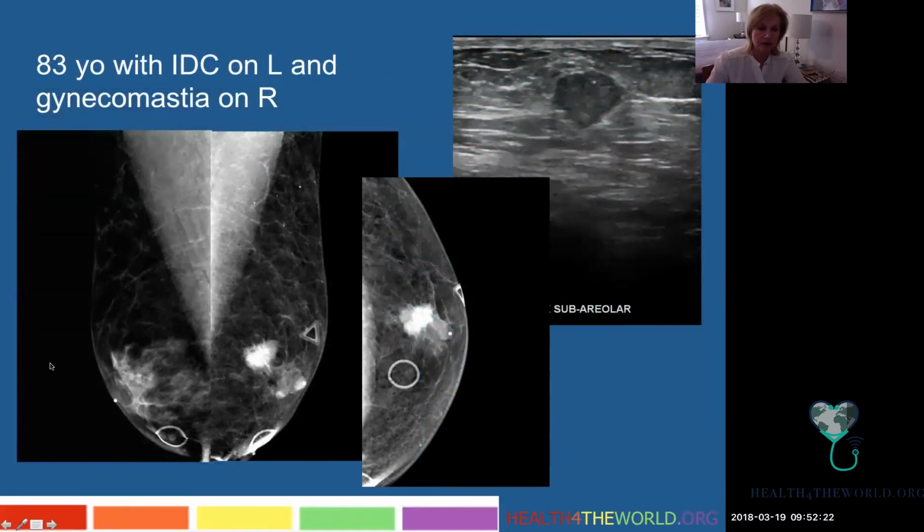If you were to examine him, you would feel a soft fullness on the right, and that would be the gynecomastia. But on the left, where he has much less gynecomastia, he has this smaller, dense, spiculated mass. Confirm it sonographically. You see a solid mass here with little spiculations. This patient clearly needs biopsy and has a breast cancer.